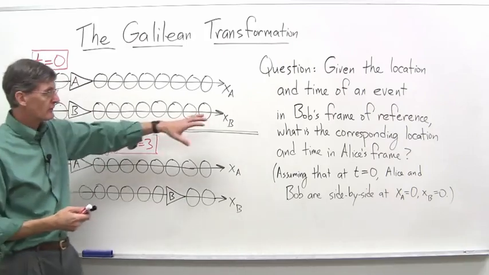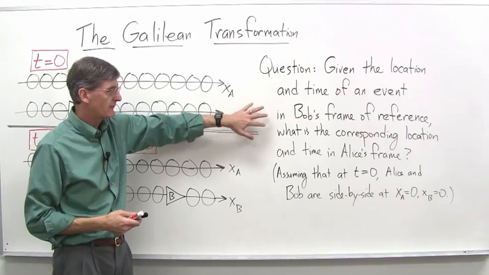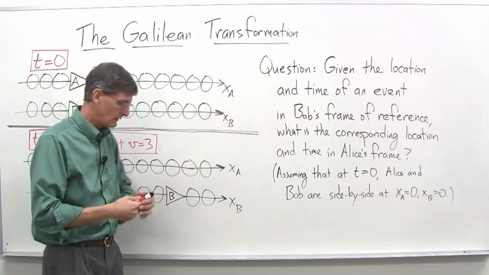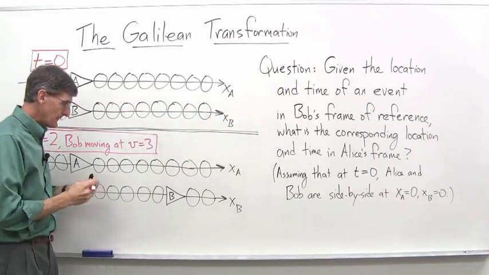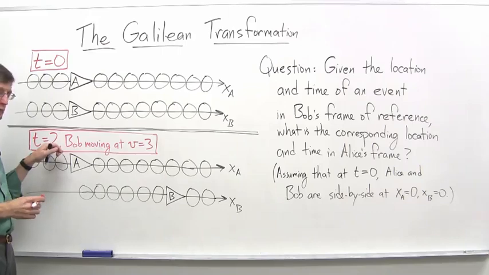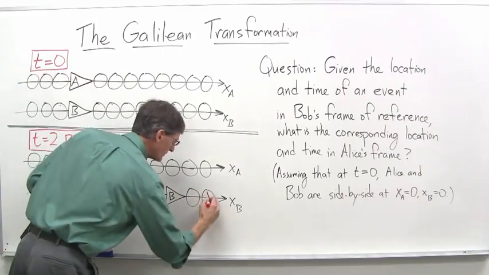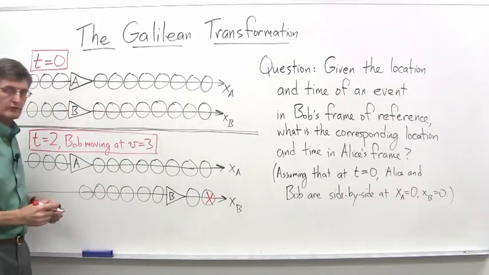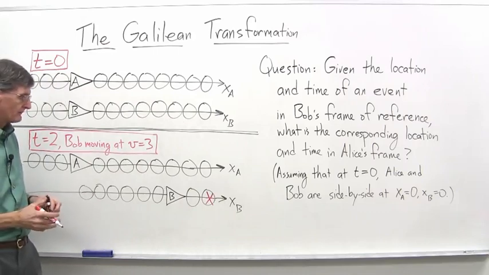Now, again, going back to the question, some location and time of an event in Bob's frame of reference. So let's get an event on here. Let's say at position 2, he sees a flash of light at time t equals 2. So the flash of light occurs right next to his clock there, maybe right in front of him.